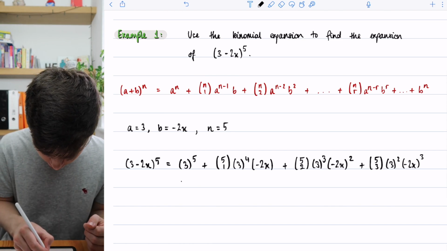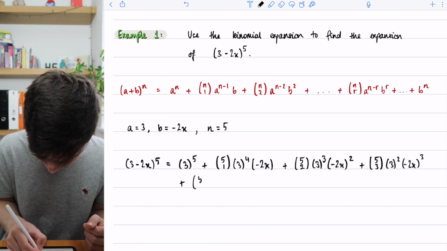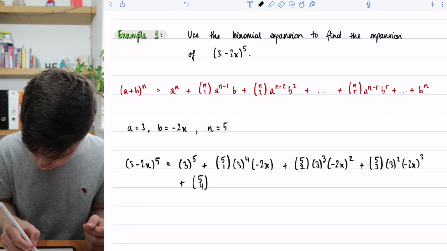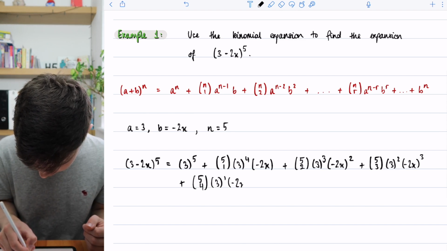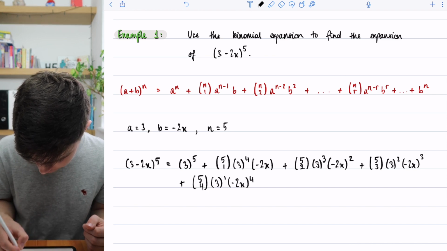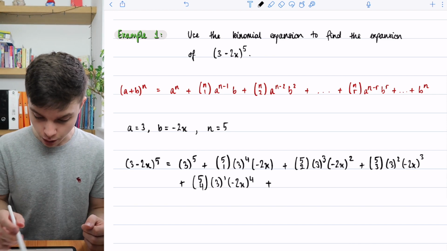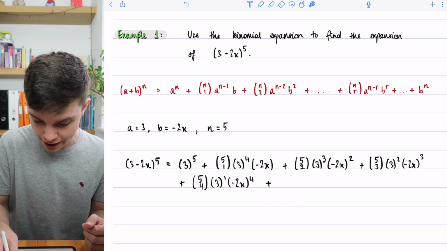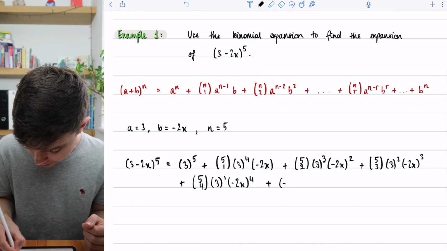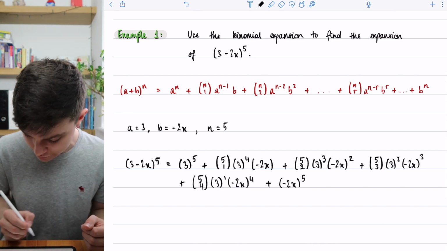Okay, and I'm going to come under here, plus 5 choose 4, 3 to the 1, minus 2x to the 4, and then I've got now to the end basically. I'm going to have 3 to the 0 in a minute, so I'm then going to have minus 2x to the 5, so that is where I finish, minus 2x to the 5.